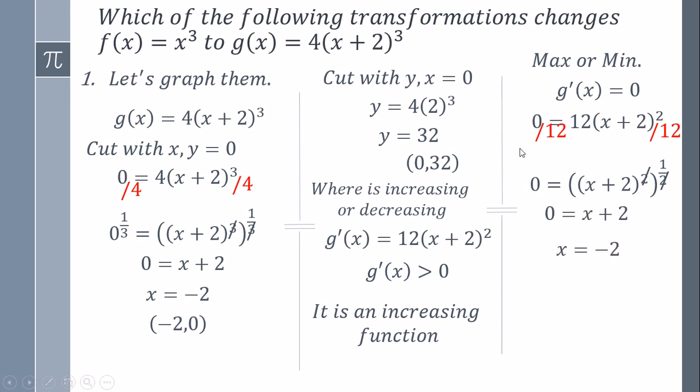It's going to be x equal to minus 2. It's going to be the point minus 2, 0, but we know that it is not a maximum or minimum local. Okay, because if you take one number after minus 2, it's going to be larger than this, and if you take one number less than minus 2, it's going to be smaller as well.